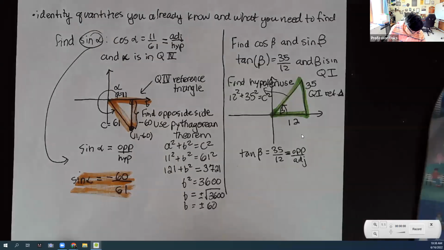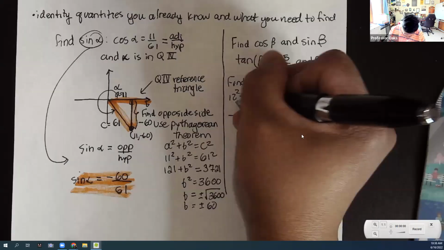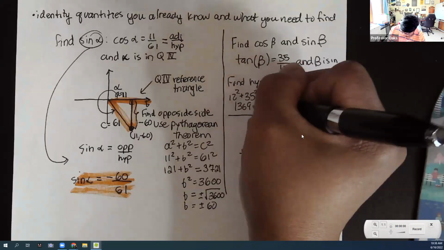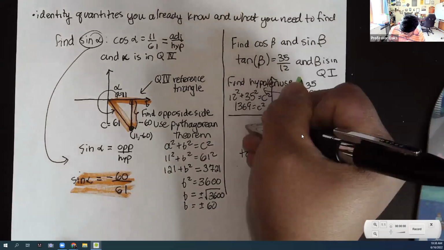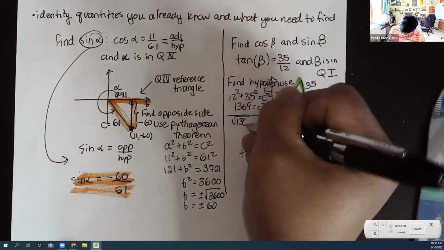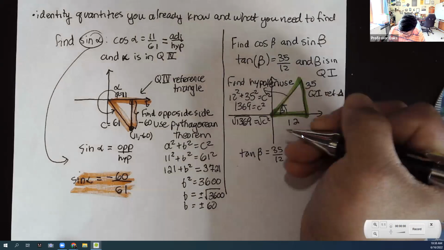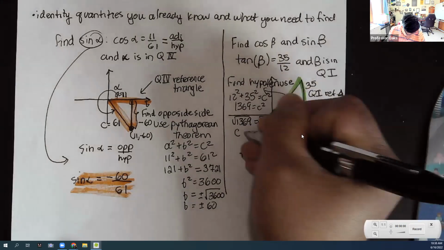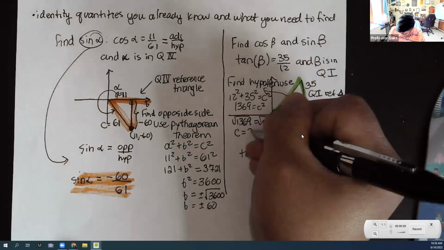And if you do that, what is it? 1369 is c squared. And then you take the square root. Of course, because it's the hypotenuse, it's always positive. So c is the square root of that, which is 37.